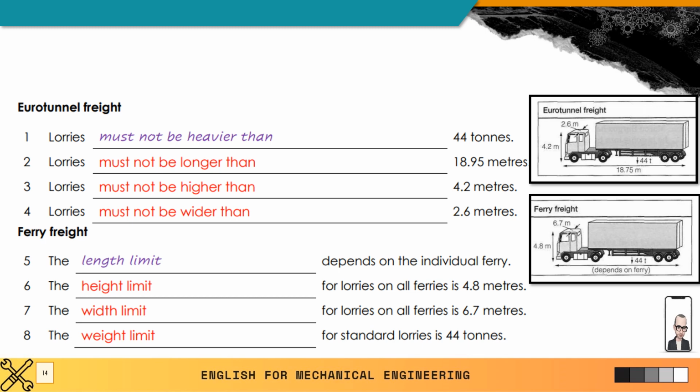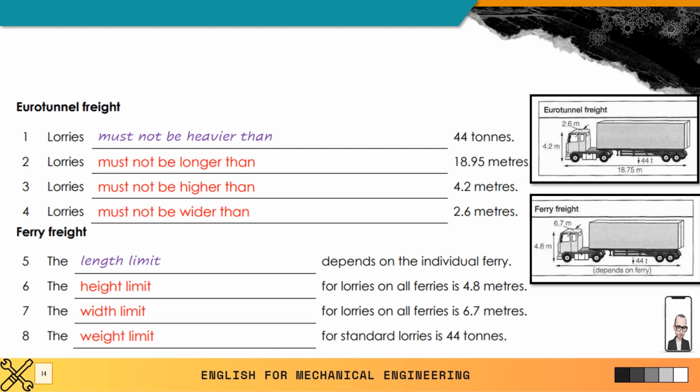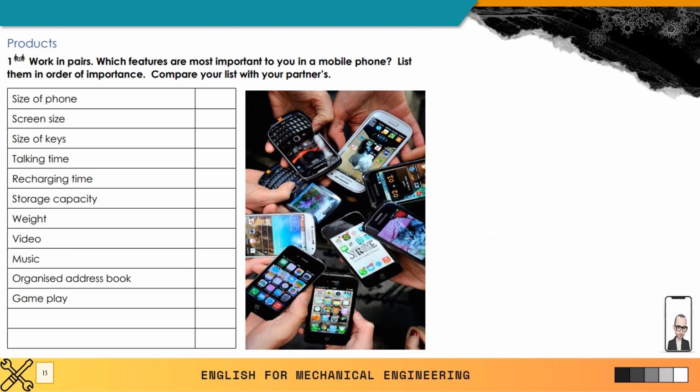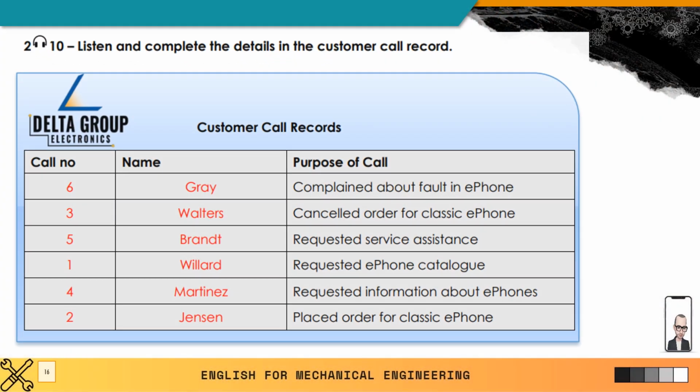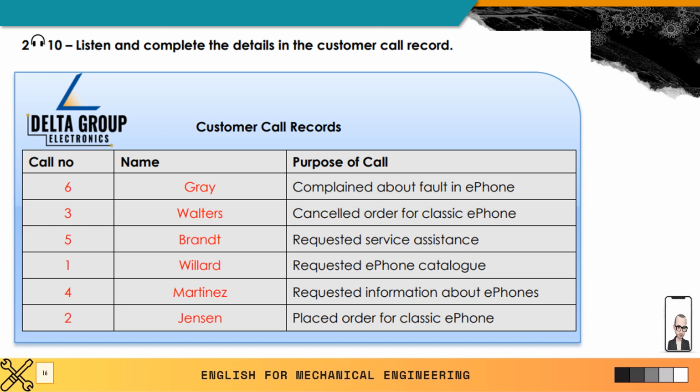All right, let's move on to our next topic, still related to comparing things, and this will be mobile phones, the different features. There was a listening task which we have completed in the class.